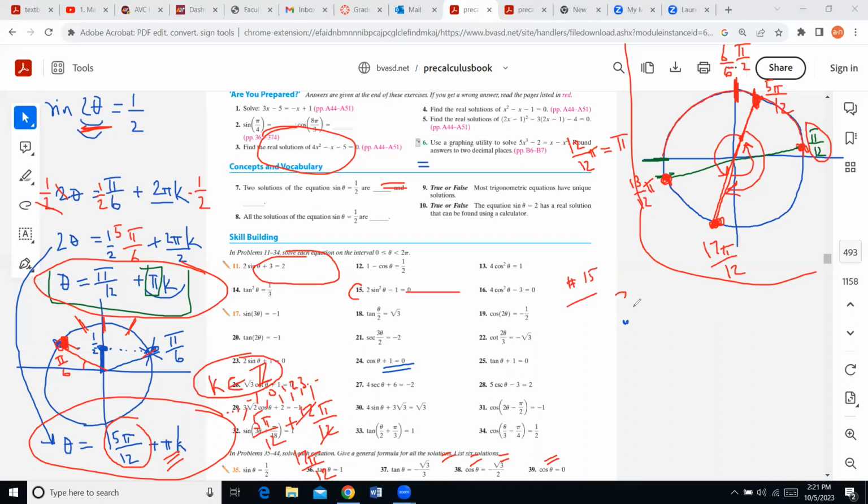So you have 2 sine squared of angle theta minus 1 is equal to 0. So we solve it as we always solve our equations. So I'm going to write this equal to 1. And then when I isolate my sine, I get a half for the sine squared.